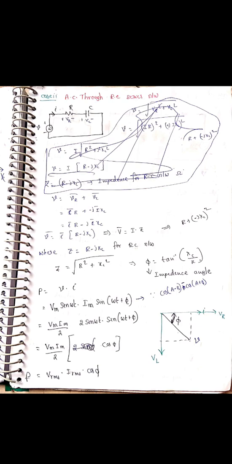Leading is nothing but capacitive. With this we can say the nature of the network is capacitive, because here current is leading V.